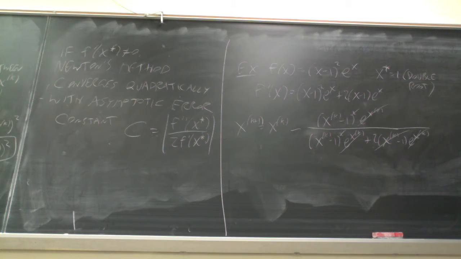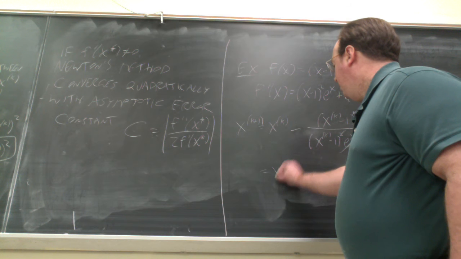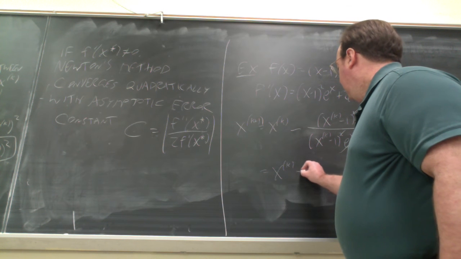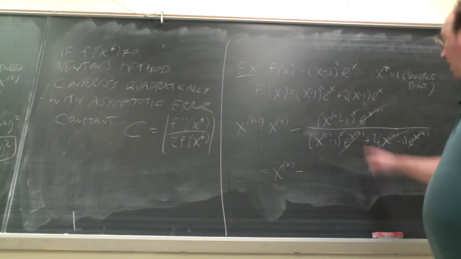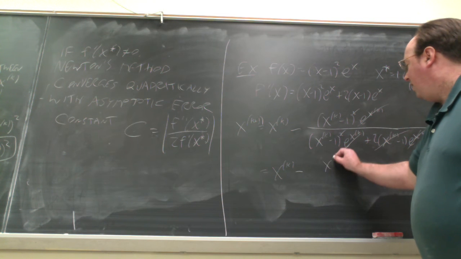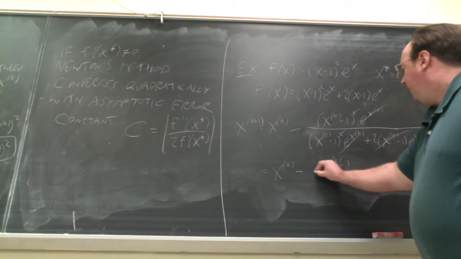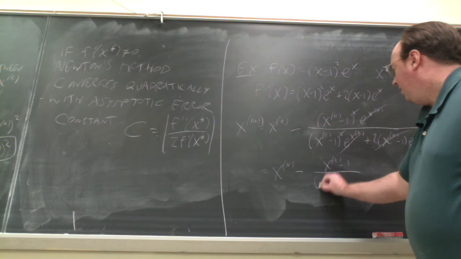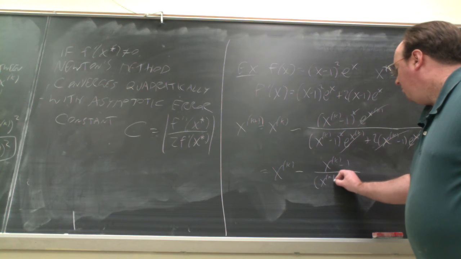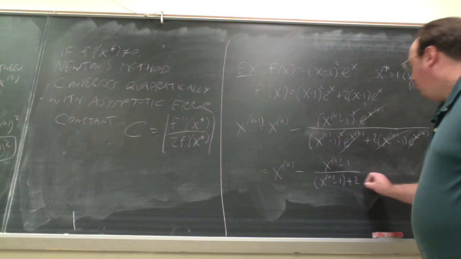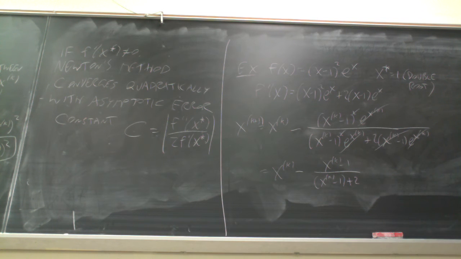Okay. So now that we've canceled so many things, let's clean this up. So up top, all we have is xk minus 1. And down below we have xk minus 1 plus 2. So this denominator simplifies to xk plus 1. Actually, what I'm going to do next is put everything over a common denominator.